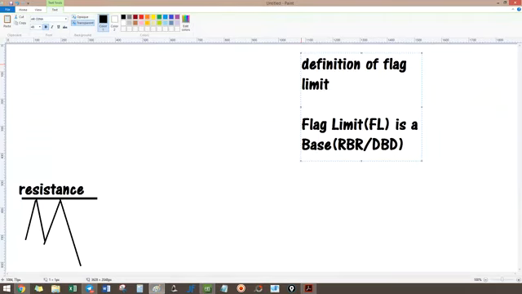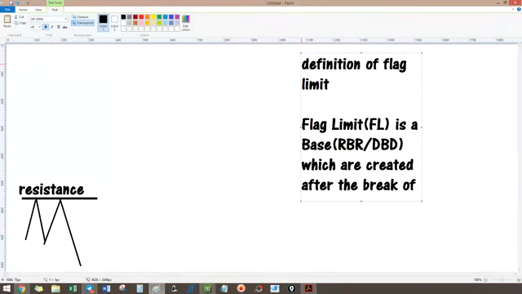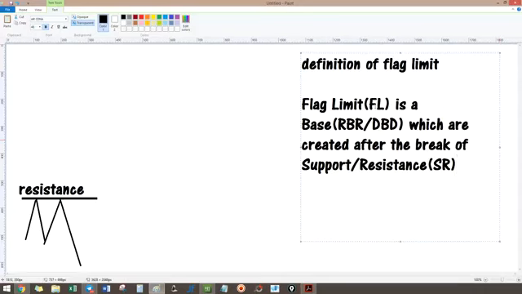It's a base, or rally base rally, or drop base drop, which are created after the break of support or resistance, SR. Right. So this is the definition of flat limit.